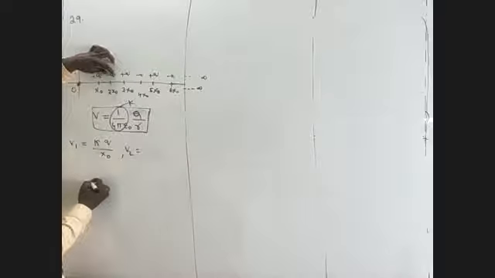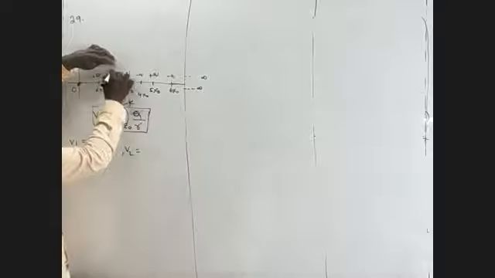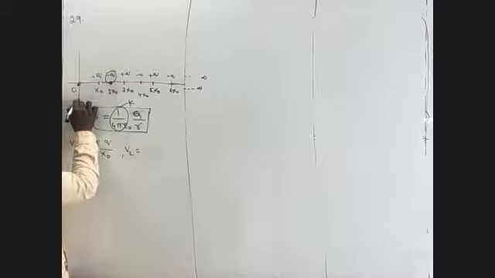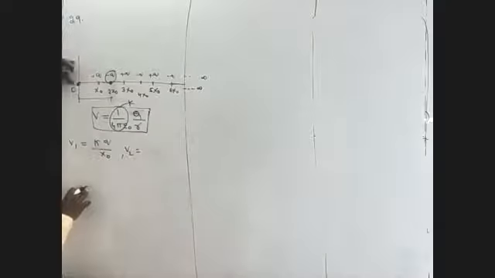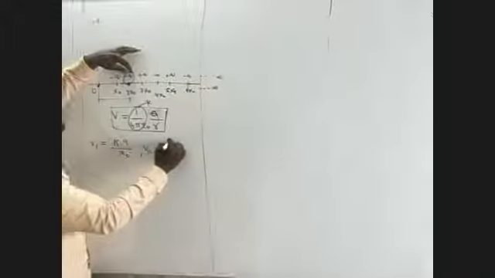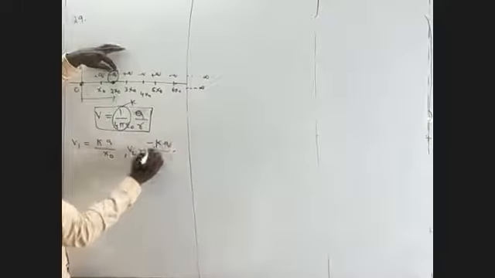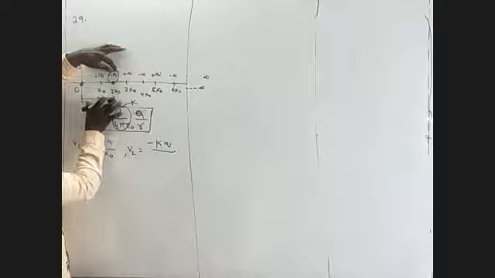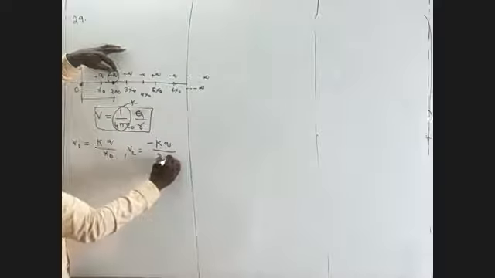Next, V2 is minus K Q by 2x naught, since the charge is negative and the distance is 2x naught.